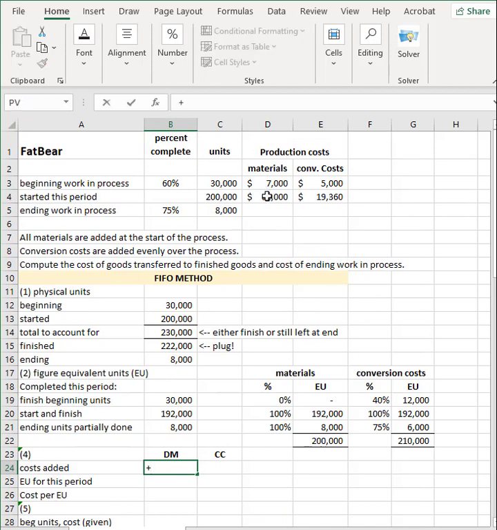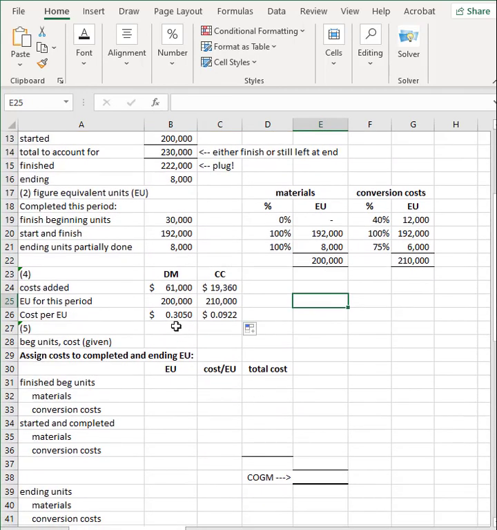So we're only concerned with the cost for what was added during the period. Okay, not the cost from the beginning. And then the equivalent units that were added during the period, which we just calculated. So then we can get the cost per equivalent unit by dividing the cost by the units.